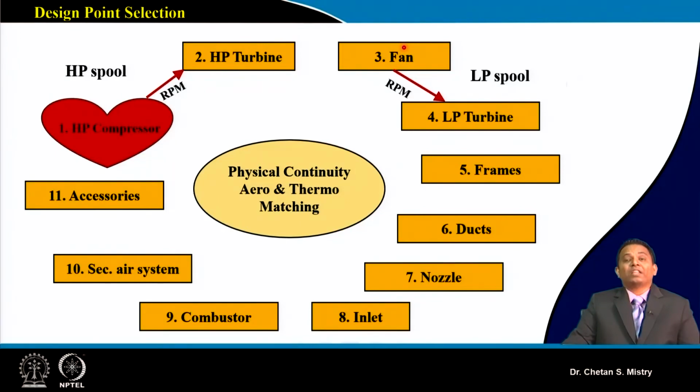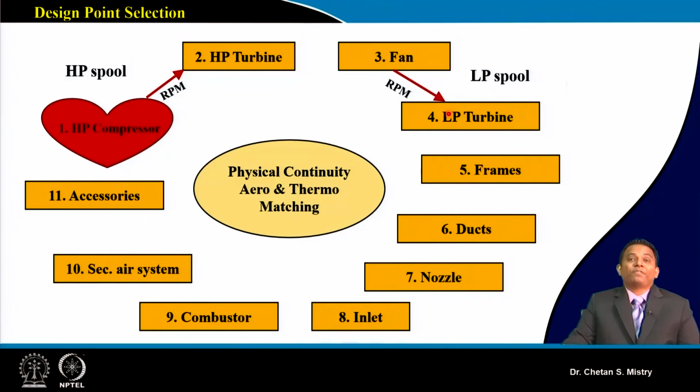Under that condition, my rotational speed comes as one of the constraints. Based on this recommended rotational speed by the fan, the LP turbine group will decide the number of stages in order to achieve that particular speed.